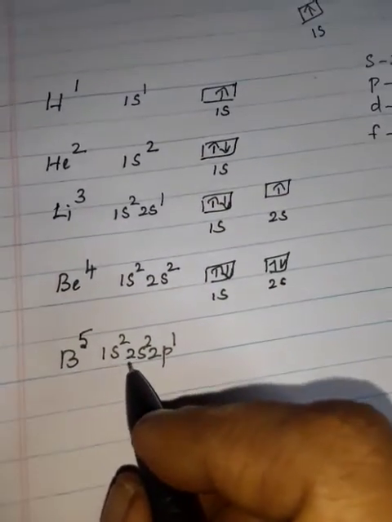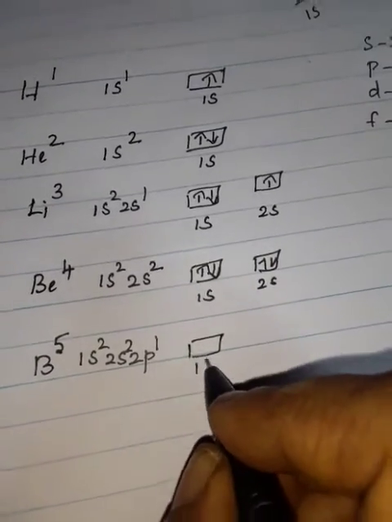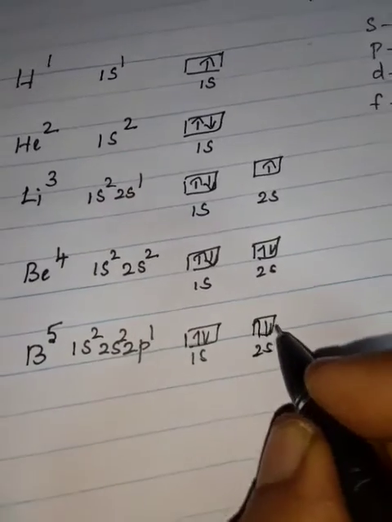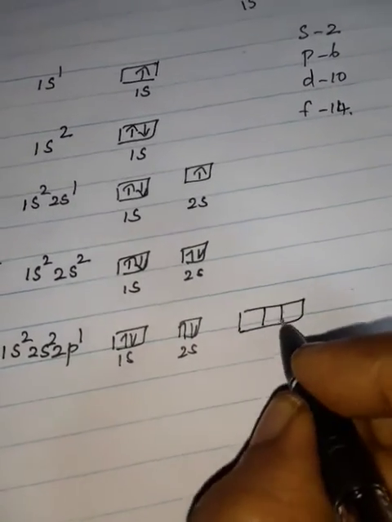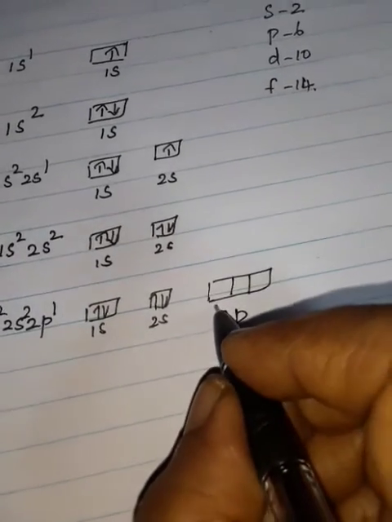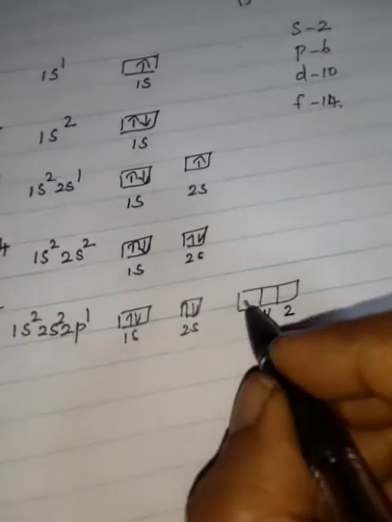So after filling 1s and 2s, it goes for 2p. In the orbital diagram, 1s has 2 electrons, 2s has 2 electrons. When it goes for p, p has 3 orientations, so 3 boxes: 2px, 2py, 2pz, having only 1 electron. It occupies the x orbital.